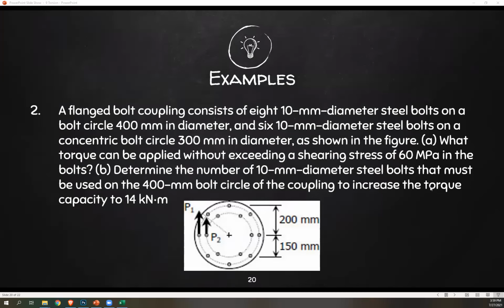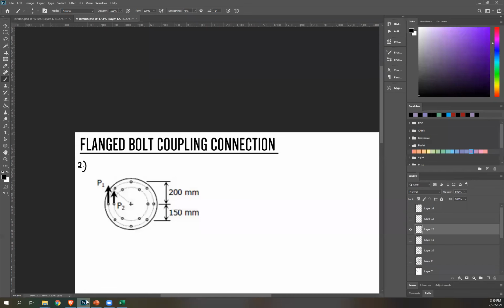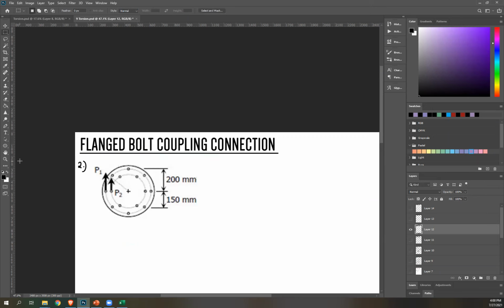So let's start with the first step, right? The given. So 8 10mm diameter steel bolts. Let's call that N1. N1 is your 8. Then D1 is your 10mm. Therefore, R1 is 5mm.